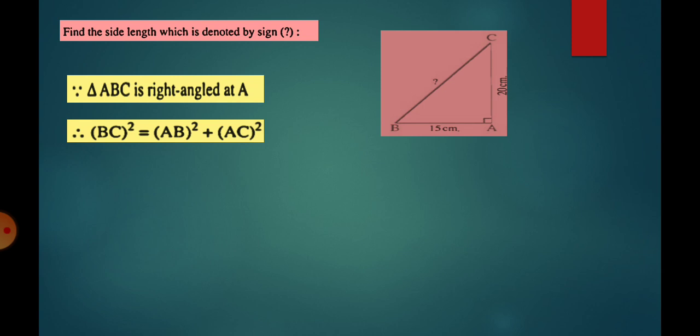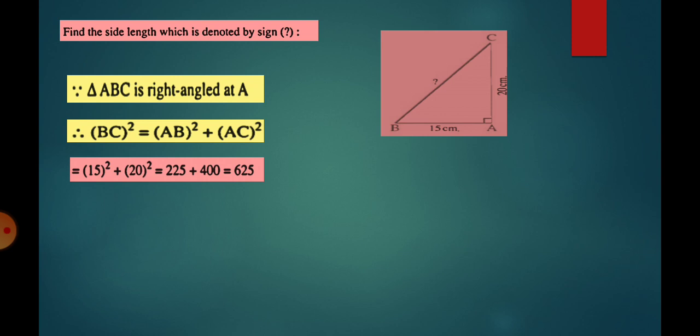BC power 2 equals 15 to the power 2 plus 20 to the power 2 equals 625. Then BC power 2 equals 625. We can write BC equals the square root of 625 equals 25. Then the length of BC equals 25.